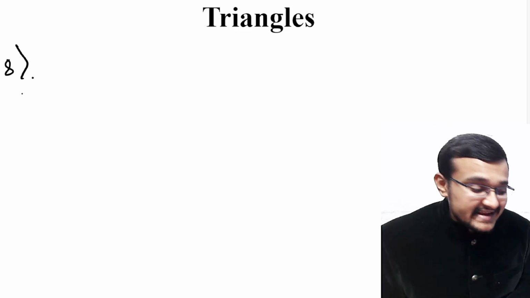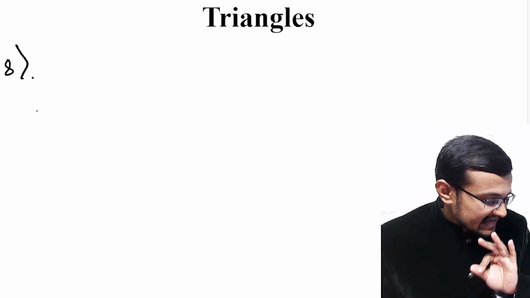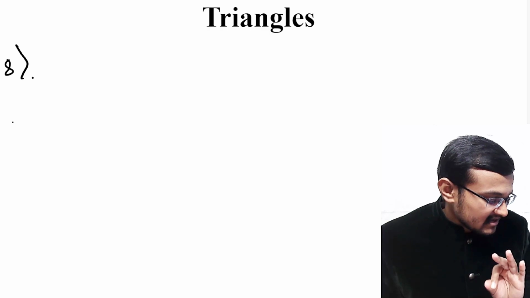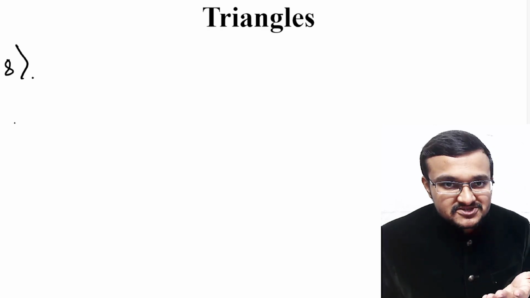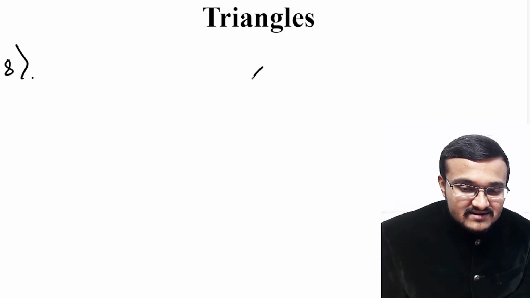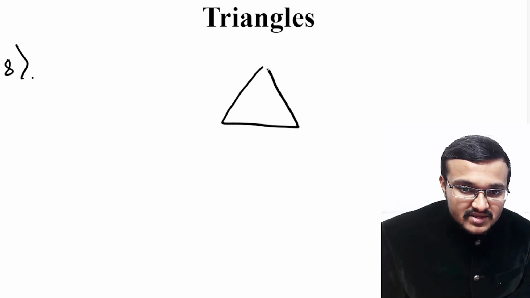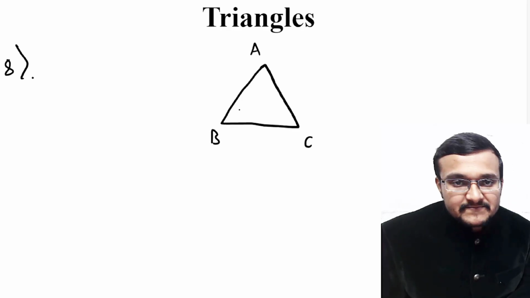So now we'll move to the 8th question in this particular exercise. Show that the angles of an equilateral triangle are 60 degree each. So what do you mean by equilateral triangle? You have a particular triangle like this. Let's say this is an equilateral triangle ABC.